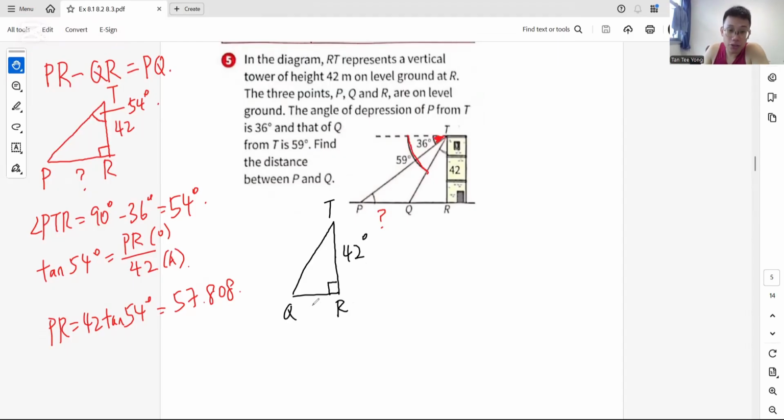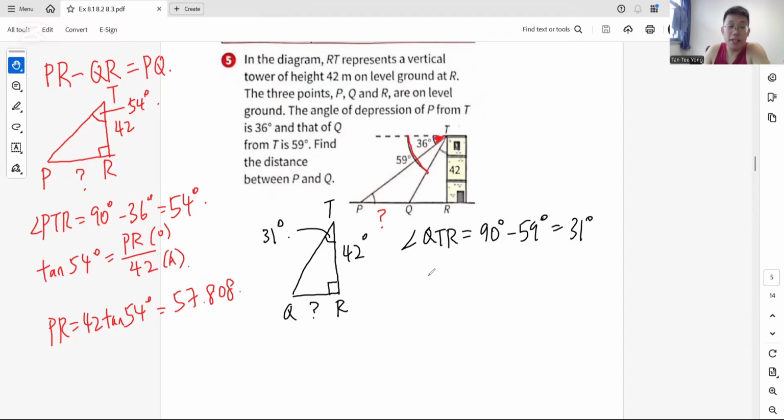QR is the length that we want to find, so we need an angle as well. Angle QTR is 90 degrees minus 59 degrees, and this will give me 31 degrees.